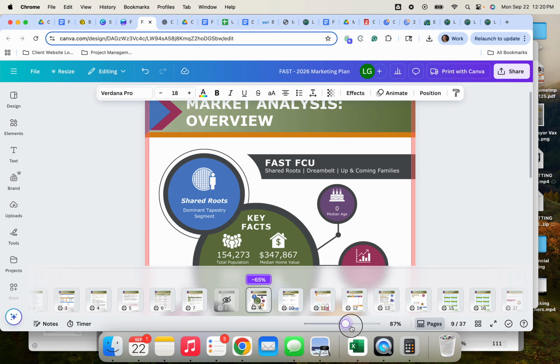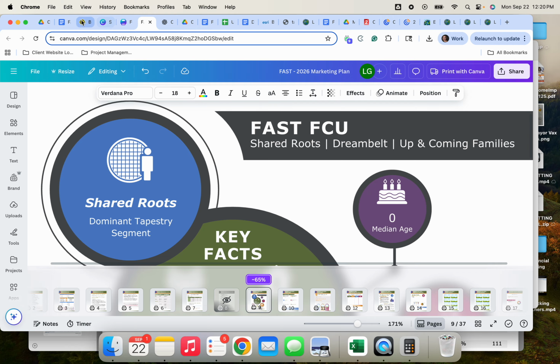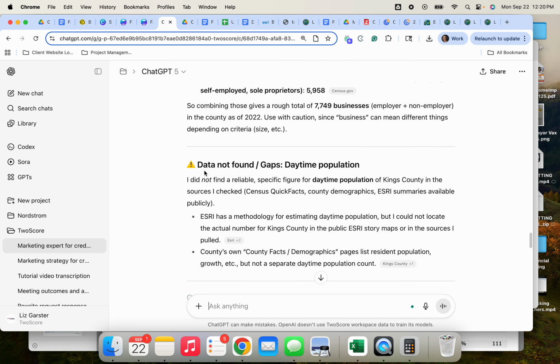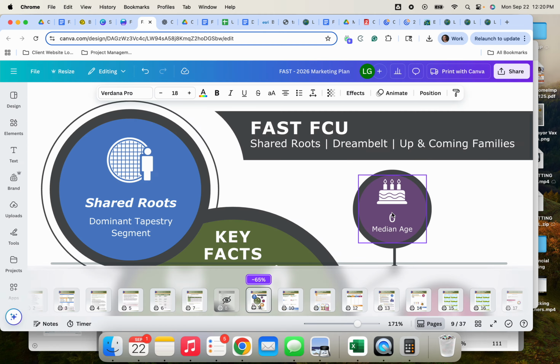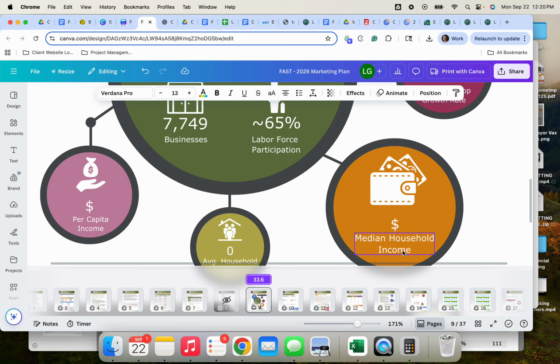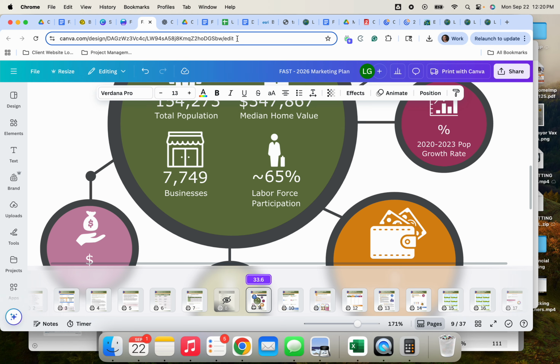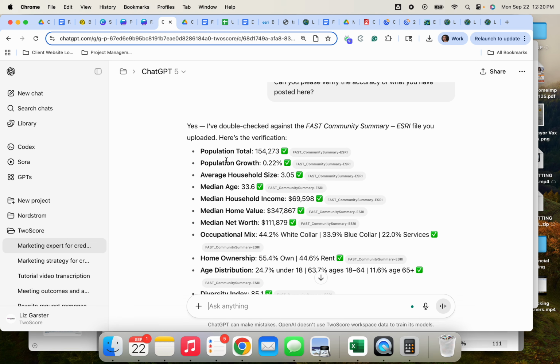Now we can go back and do median age. So we scroll back up here, median age 33.6. And population growth rate 0.22%.